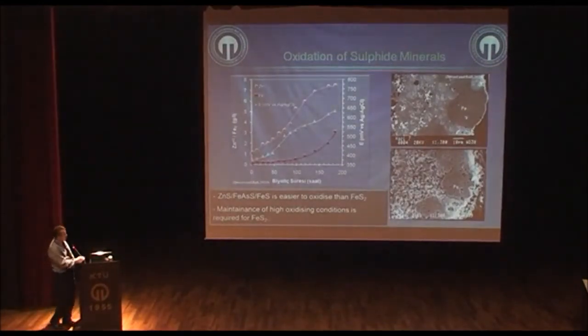As we can see from the figures here, this is before the leaching, and this is after the leaching, where we see the pyrite is more difficult to oxidize compared with the sphalerite. And we can see that when sphalerite was oxidized, elemental sulfur formed on the mineral surface. But pyrite has no elemental sulfur formation, which means that it oxidized through the thiosulfate mechanism. This provides support for these claims.